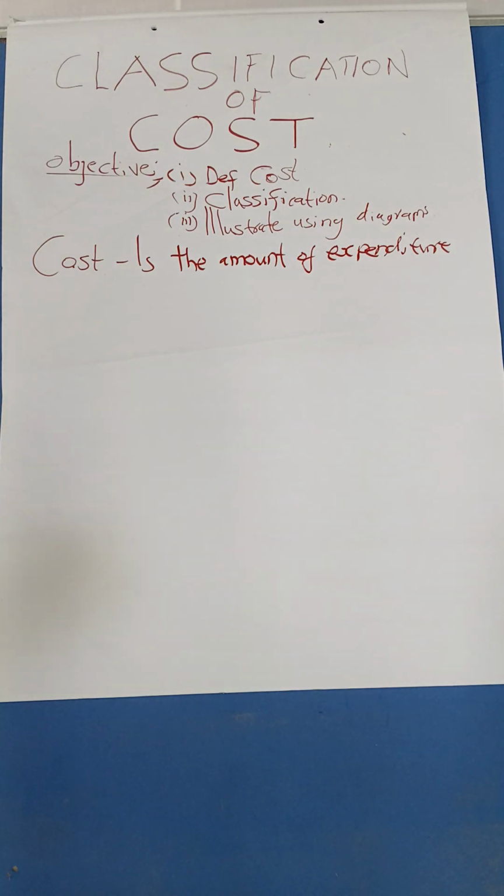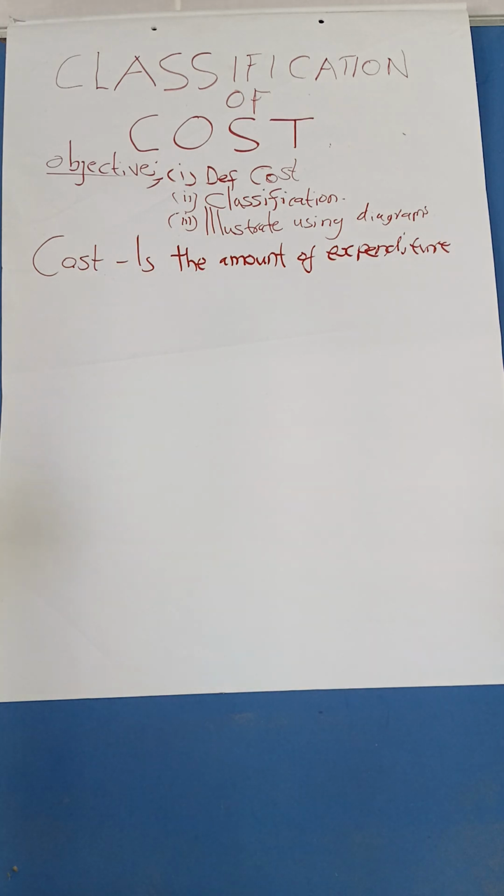Now, how do you minimize losses? One, you have to track all the cost that has taken place in the business. For any amount of expenditure that has occurred in the business that is attached to monetary value, the cost accountant must account for it.